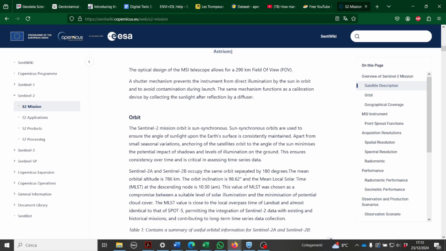That means that they are not really polar, but they are inclined of around 8 degrees on the polar. And the mean local solar time, what is called MLST, of the descending node is around 10:30 a.m. That means that the images are acquired around this local time.